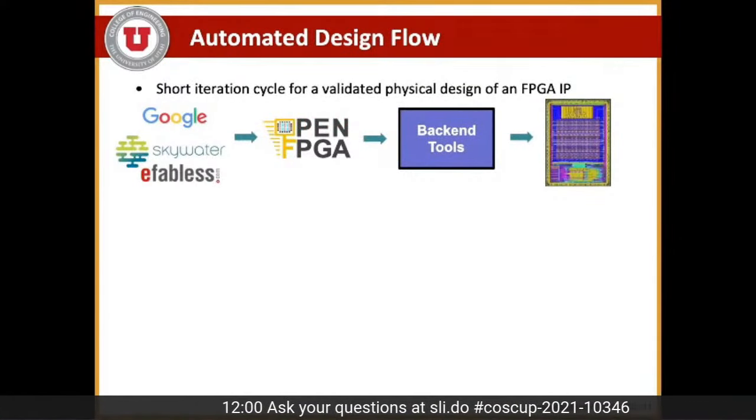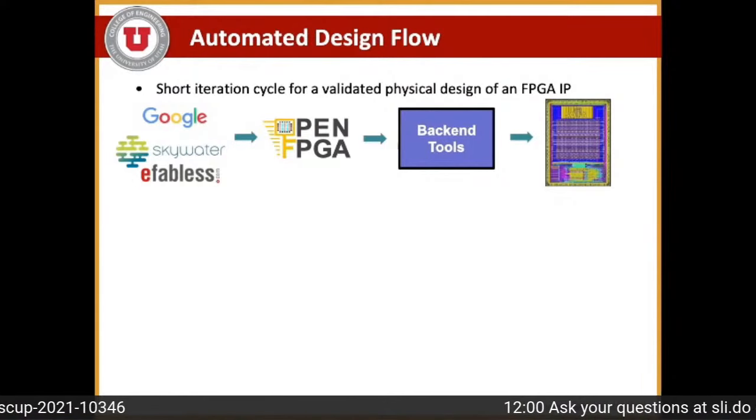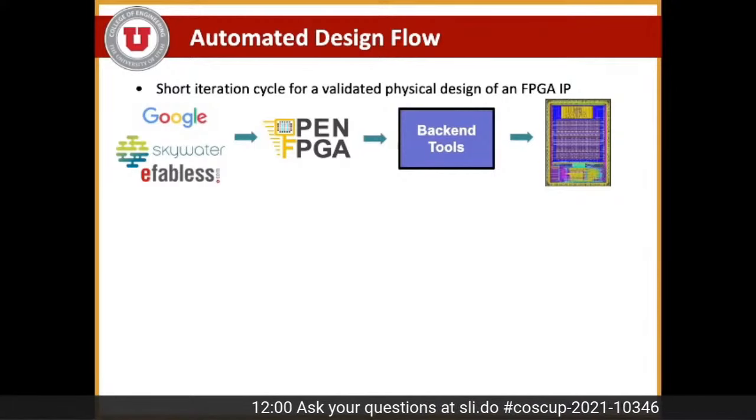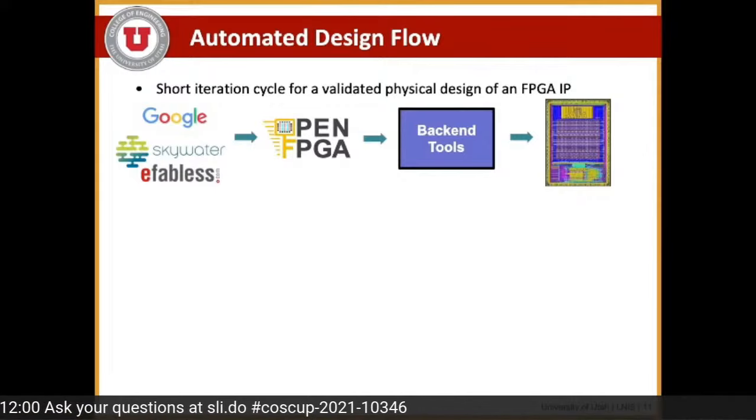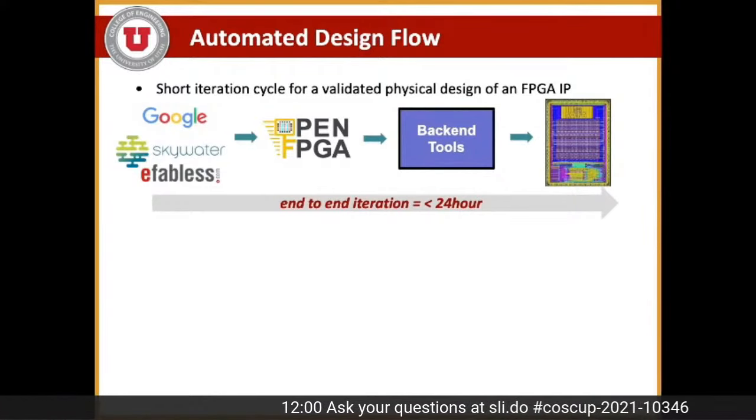All the SOFA FPGA IPs are created by the OpenFPGA framework through an automated design flow. This results in very short iteration cycles to validate the physical design of an eFPGA IP. Starting from the PDK adoption to the final layout, the end-to-end iteration is less than 24 hours.